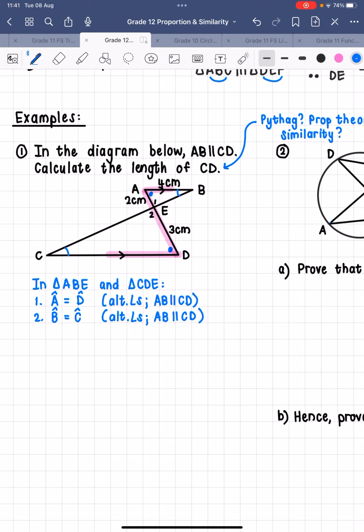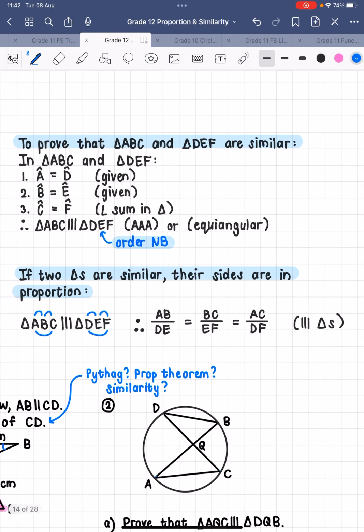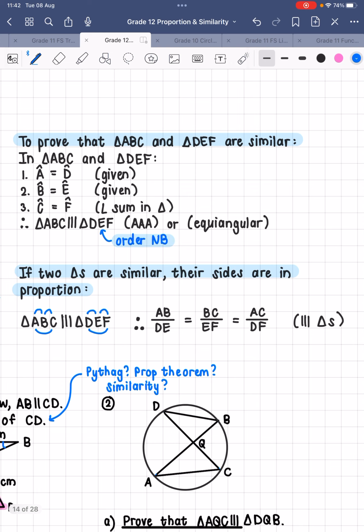And now for our last two angles, we have E1 and E2. Now guys, here you can write one of two reasons, right? Do we see that E1 and E2 are vertically opposite angles? So you can use that as a reason. But remember, yesterday we discussed that if two pairs of angles are equal, then the third pair of angles will automatically be equal. And what's the reason for that? What did we write down yesterday? Angle sum in triangle. So your third reason can always be angle sum in triangle, all right?